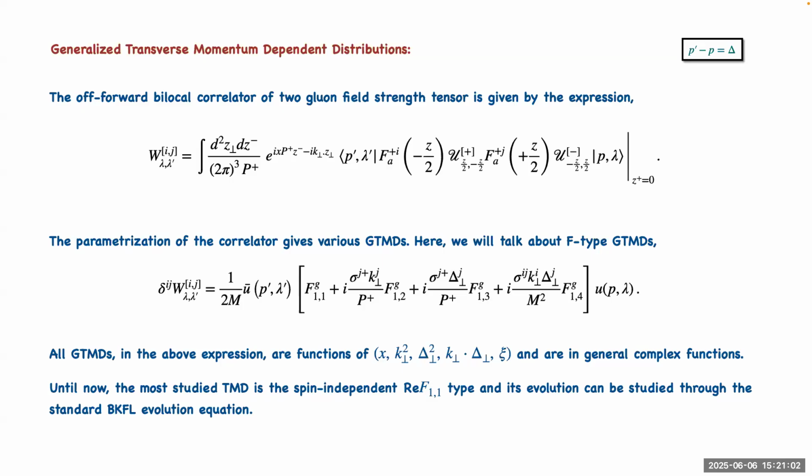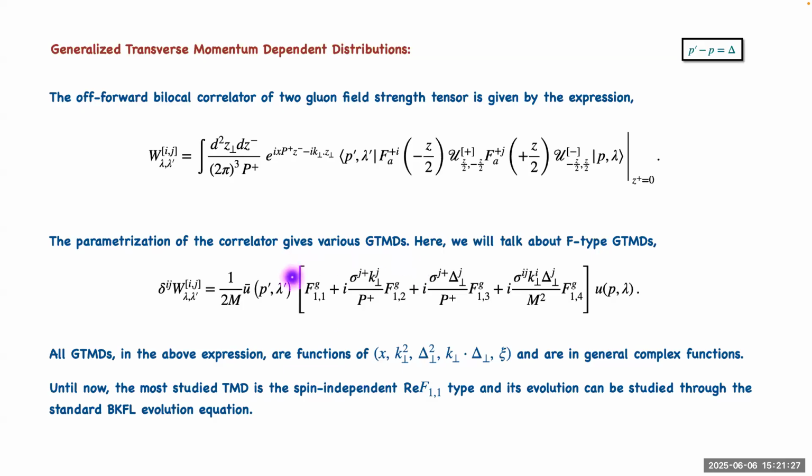But recently, Yoshitaka in his paper showed that these spin flip processes also exhibit Regge behavior. So they can't be ignored in the small x regime. And these GTMDs are directly related to the spin flip processes, so we need to study them as well.